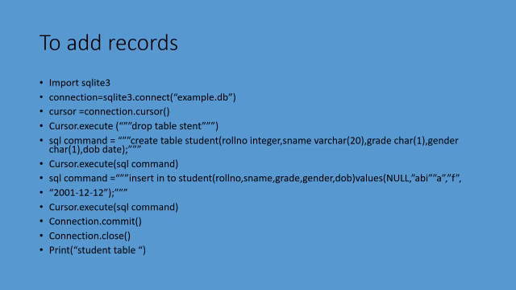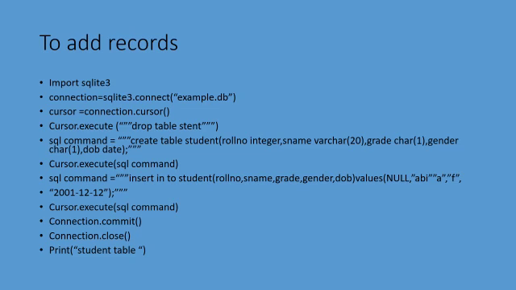To execute these commands, I use a statement called cursor.execute SQL command. After all the commands you have given, you have to execute them. So cursor.execute SQL command. That's all.